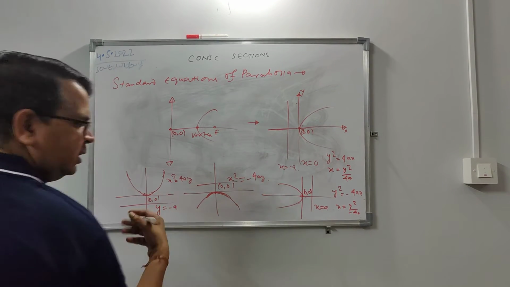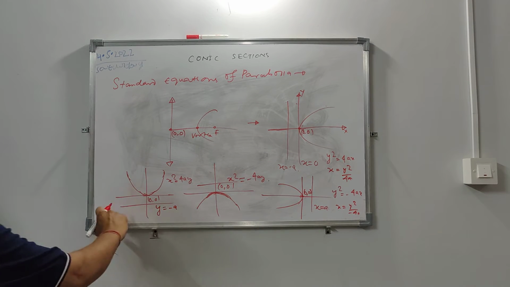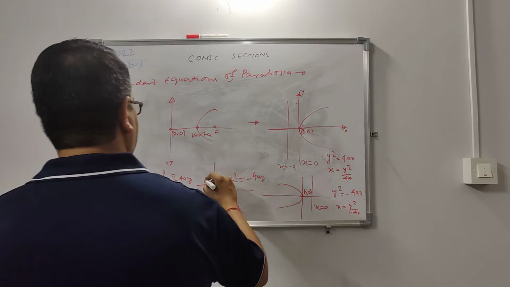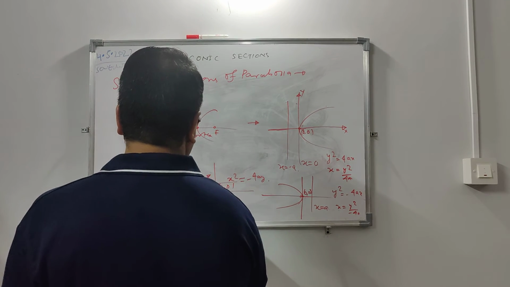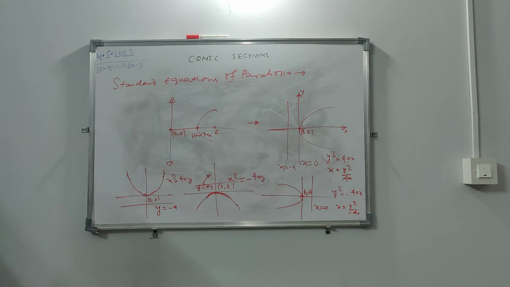So for the x-axis, y is constant. Here the y coordinate is constant, so y is equal to minus a. And here y is equal to plus a. So this line is y is equal to plus a. Your x-axis is nothing but y is equal to 0. So it is y is equal to minus a if it is below, and y is equal to plus a if it is above.